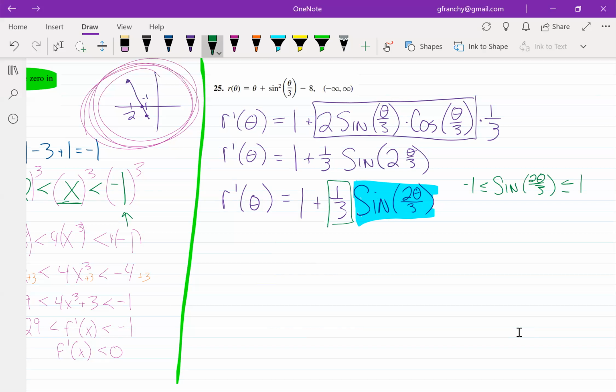But now that's getting multiplied by 1/3. So if we multiply through by 1/3 here, we're going to have -1/3 less than or equal to 1/3 sine 2 theta over 3 less than or equal to 1/3.